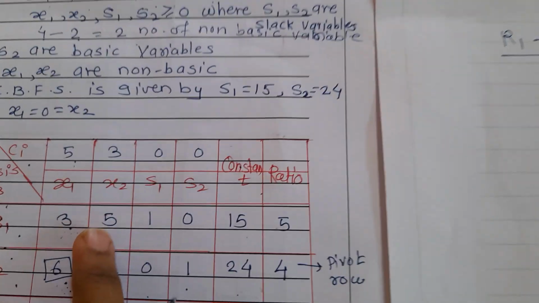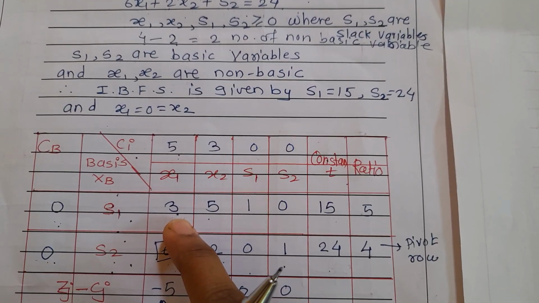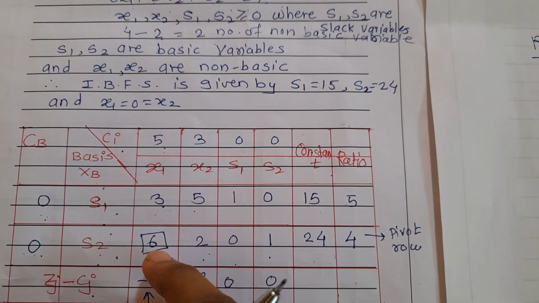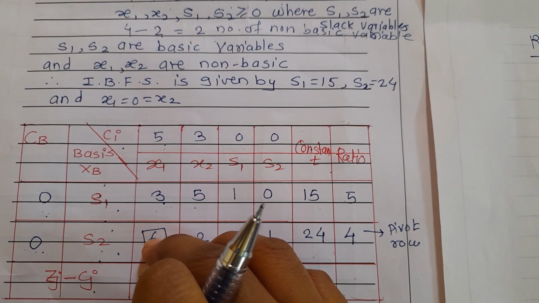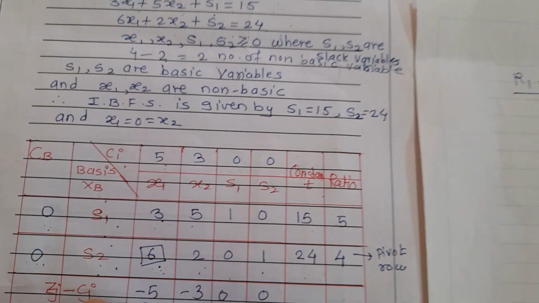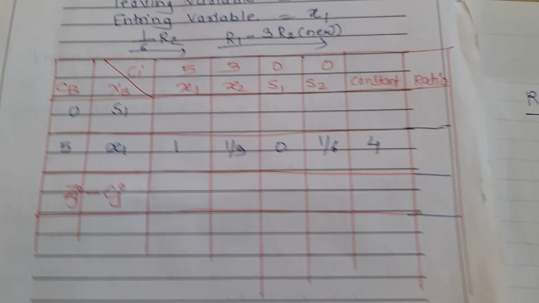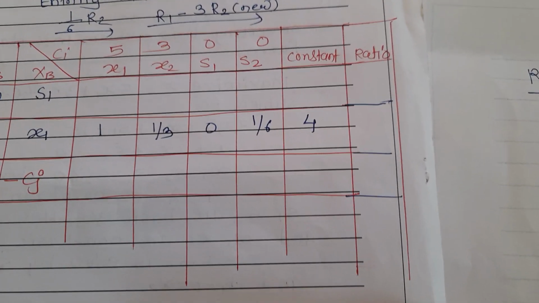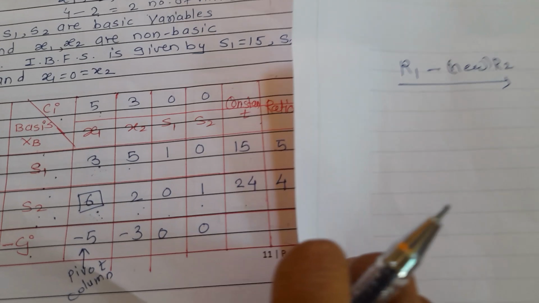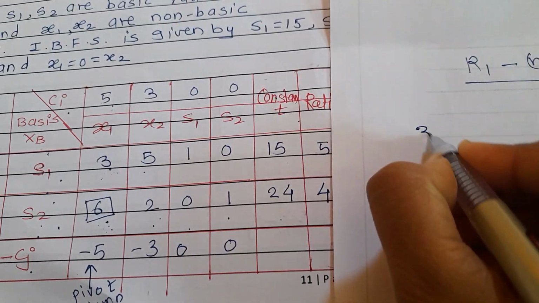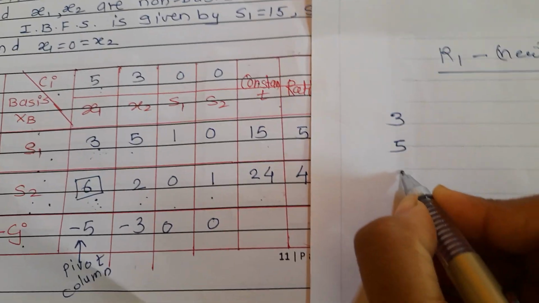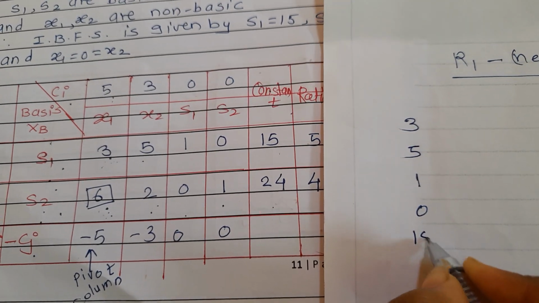R1 minus 3 times R2, so that here we become 0. Because this element becomes 1, we take R1 minus 3 R2. In that way we perform the operation. First write all of R1. What is R1? Roughly 3, 5, 1, 0 and 15.